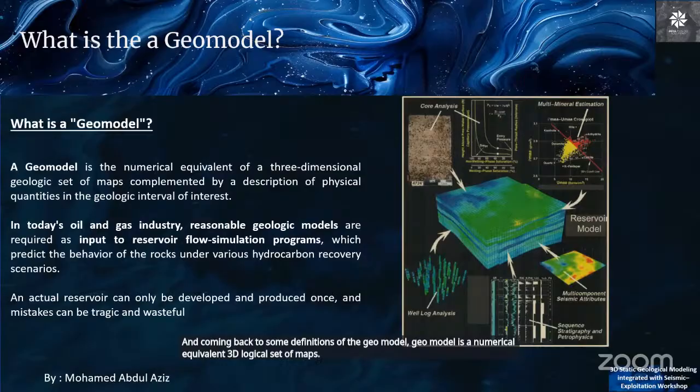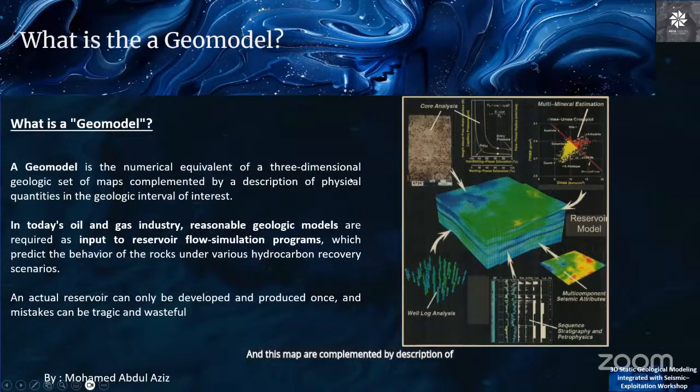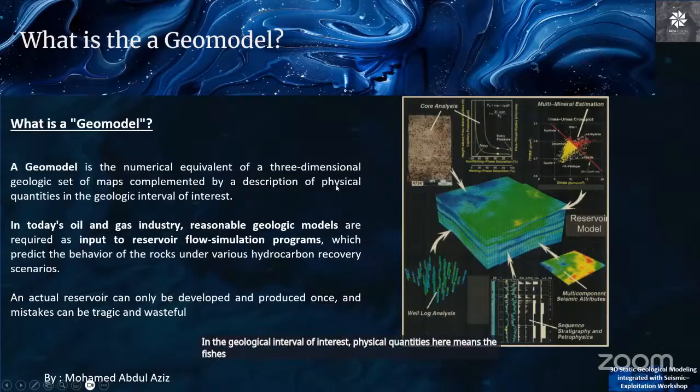And these maps are complemented by description of physical quantities in the geological interval of interest. Physical quantities here means the facies and the properties. All of the physical properties are transformed into numbers inside the cell itself.